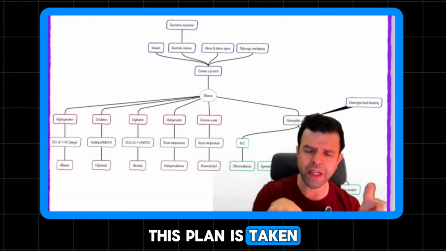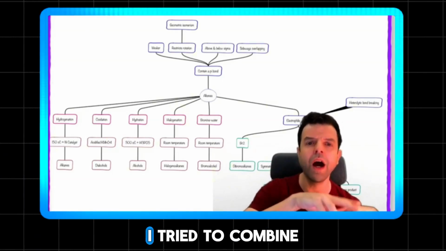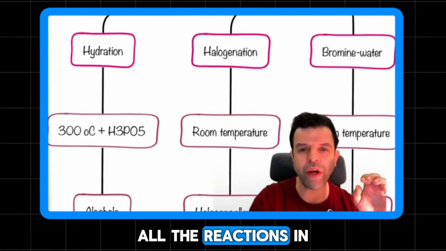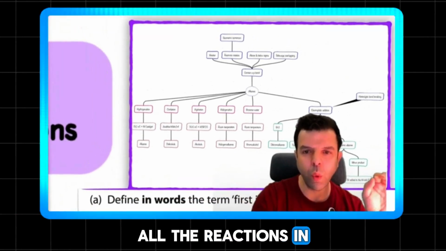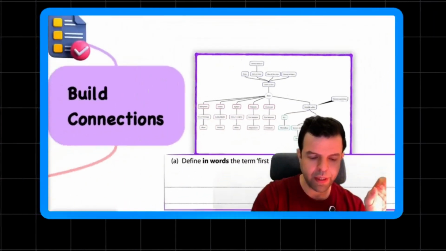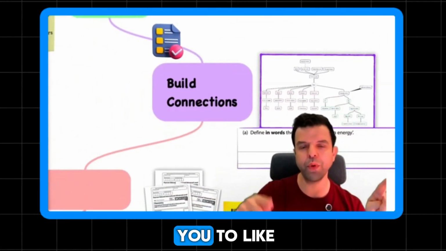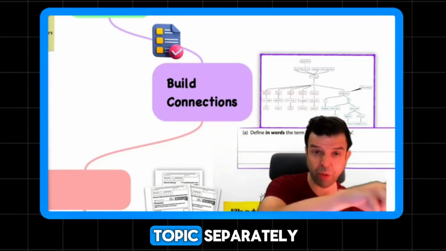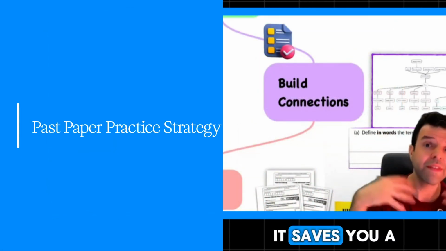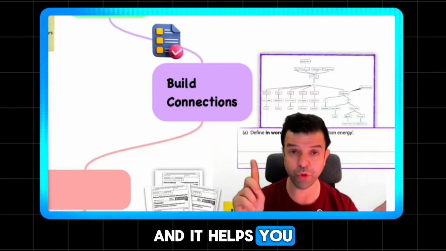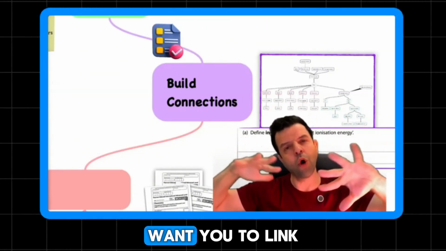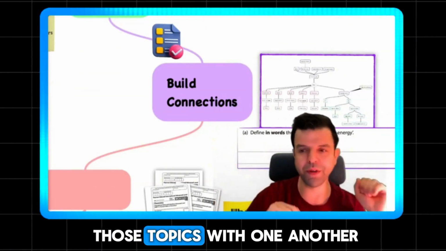This plan is taken from Unit 1 Organic. I try to combine all the things, all the reactions in one place, and that will help you to learn the topics together.